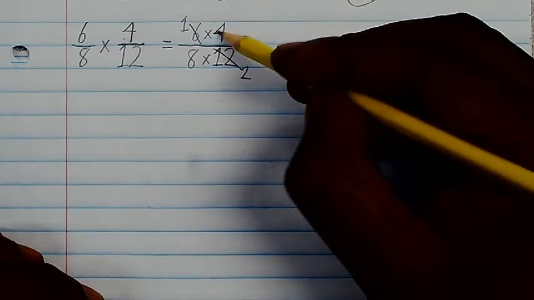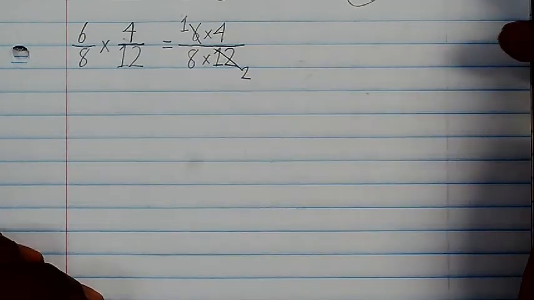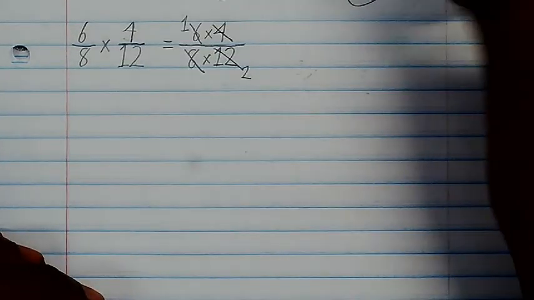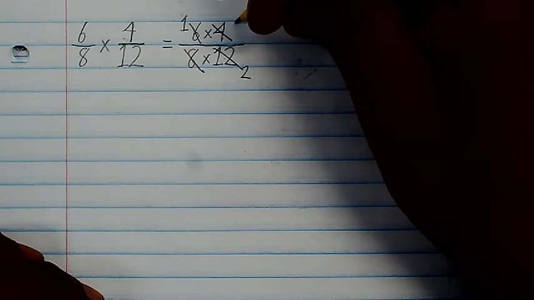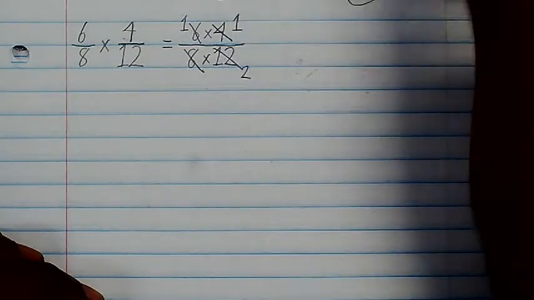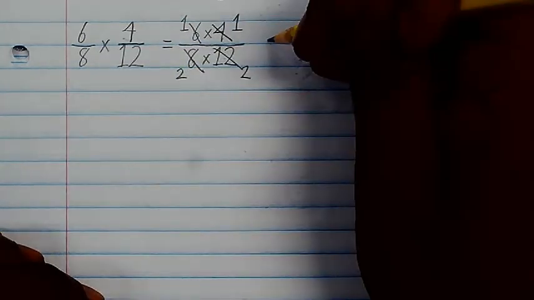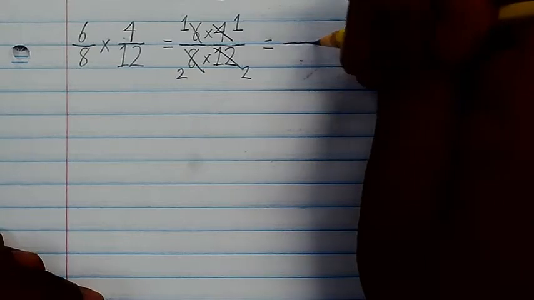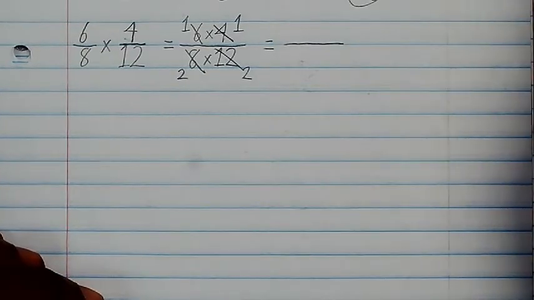Also, 4 and 8 are multiples of 4. So I can cross these out and simplify. 4 divided by 4 is 1. 8 divided by 4 is 2. Okay? So now we can rewrite this problem with the simplified numerators and denominators.